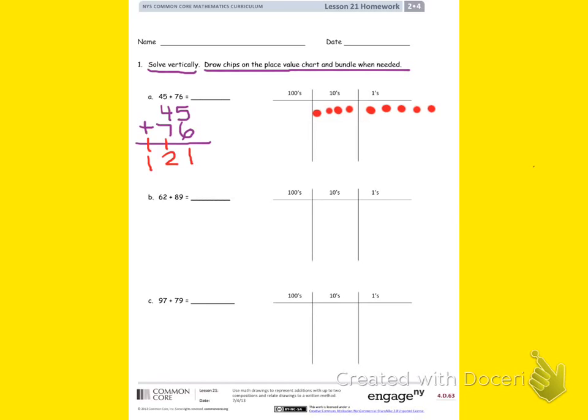As I've done in the past, I will draw a line to separate my add-ins. That is not required, just something I like to do. For 76, there are 6 ones. I remembered only 5 goes in a row, and 7 tens.